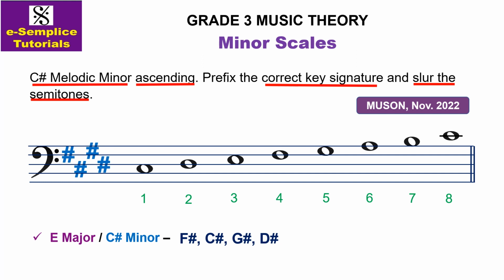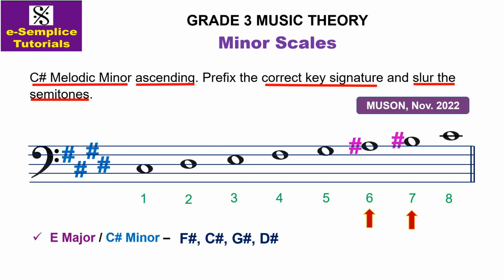This is supposed to be a melodic minor, and in melodic minor scales ascending, the sixth and the seventh notes or degrees are supposed to be raised. So let's just go ahead and raise that. We've raised the sixth degree, and here we raise the seventh degree.